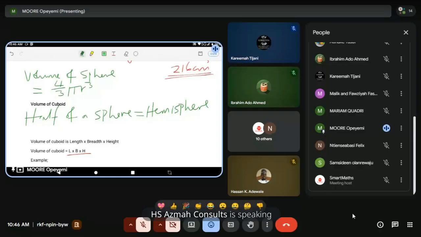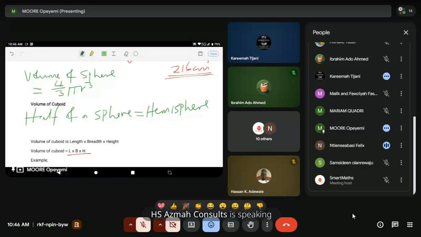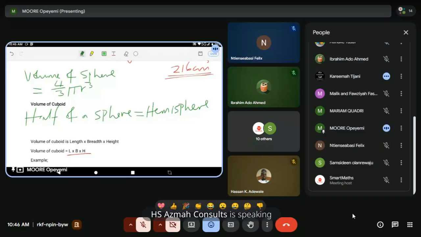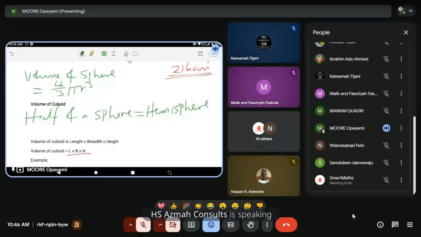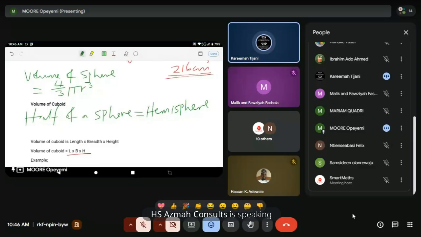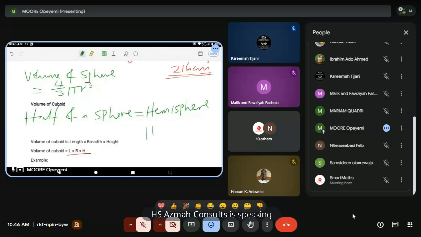That is a semicircle. Area of semicircle, what is the formula? 1/2 pi r square. Thank you very much. What that simply means is pi r square over 2. This is the formula to calculate a semicircle, because a semicircle is half of a circle.